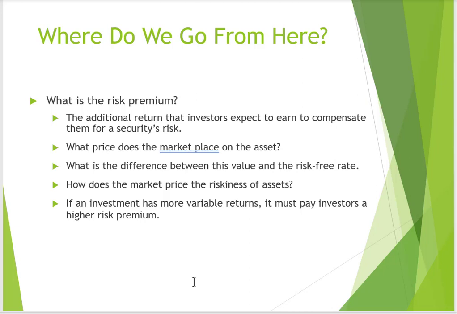Now, if an asset has more variable returns, if it is more uncertain, then it's going to have to pay its investors a higher risk premium. Hopefully this makes a little sense. When you invest in something, you want something in return. The more risky that is, the more return you want.